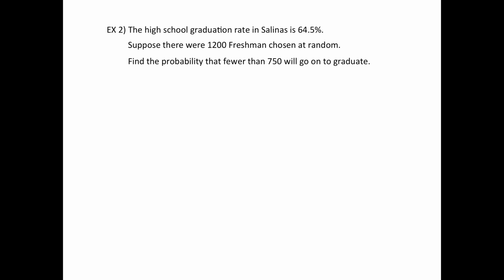Find the probability fewer than 750 go on to graduate. Again, write down the numbers that we need for our 2 little formulas, n times p. And the standard deviation is the square root of n times p times q, so that's 16.576.